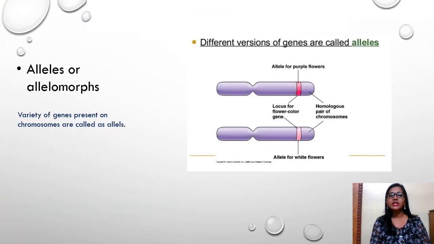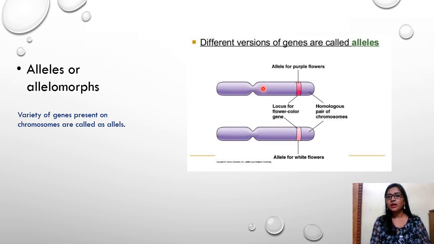Now what are alleles, or allelomorphs? These are the varieties of genes present on the chromosomes. Coming back to our example, in the previous slide we talked about characters in human beings, but as in this Mendel's lesson we are talking about the flowering plant Pisum sativum.